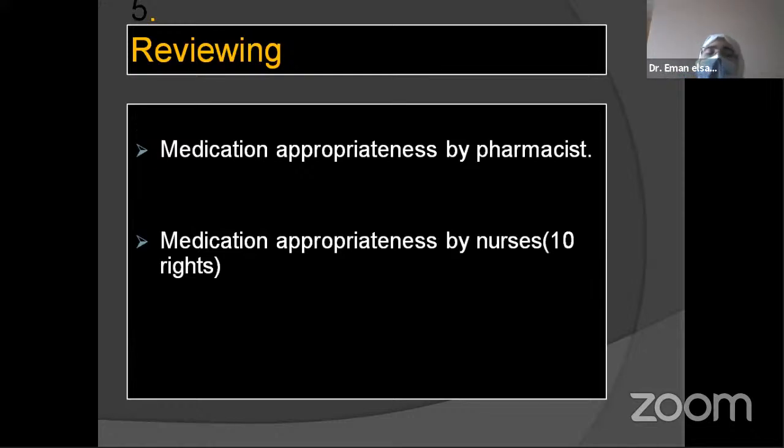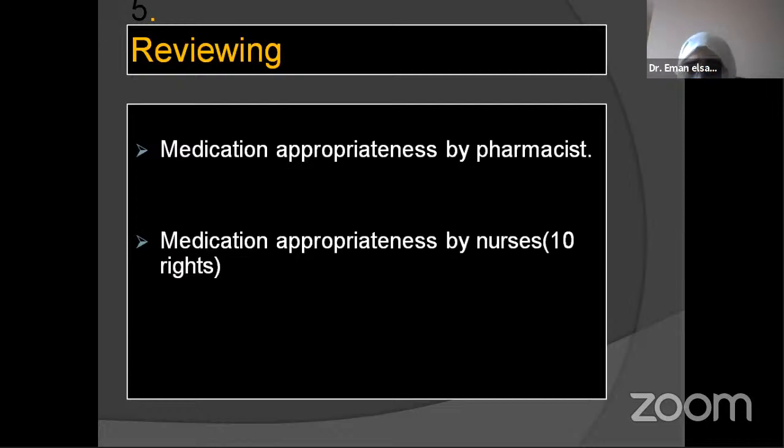Reviewing the medication: this is the review for appropriateness by the pharmacist and by the nurse. The review for appropriateness by the pharmacist we will talk about in detail with Dr. Iman in session 2, but I will give you a brief only.